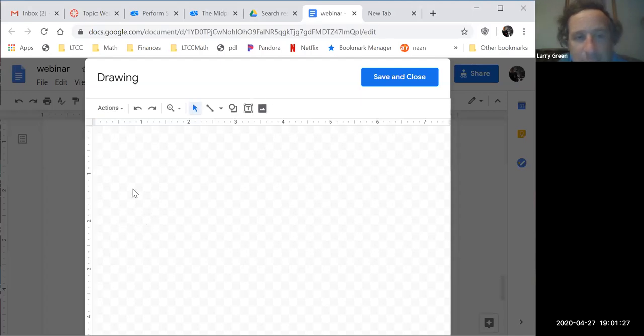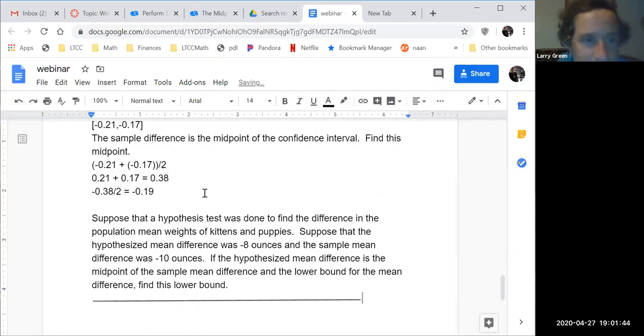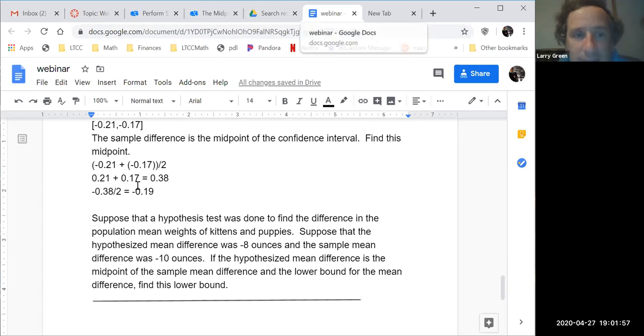The picture is going to be a number line. I won't put the arrows in, but hopefully you're okay with that. And what we're told is this was -8, -10. And we don't know the lower bound.